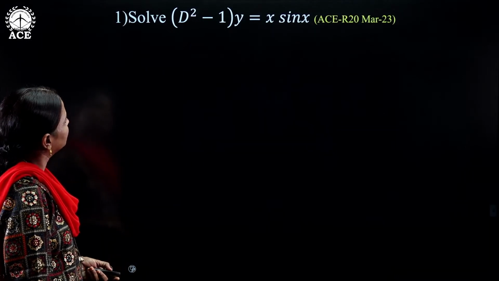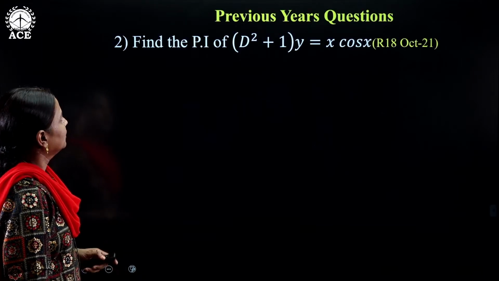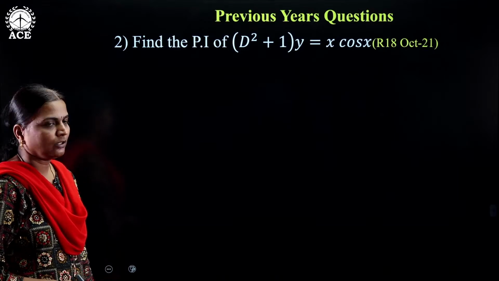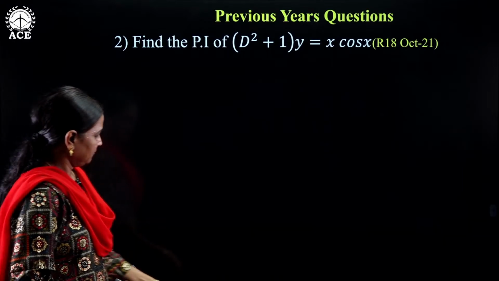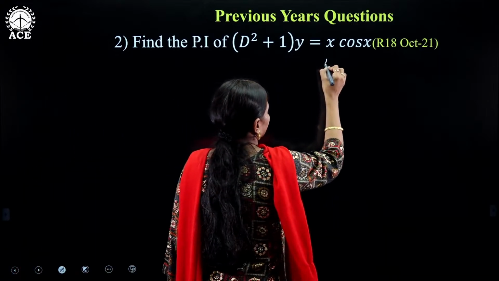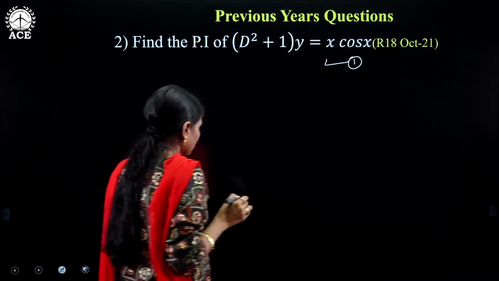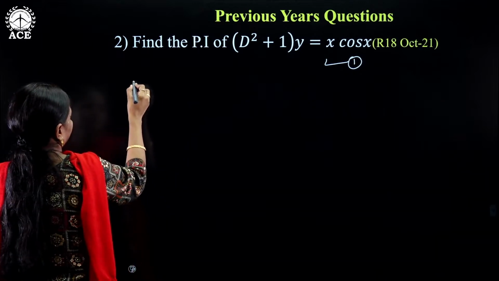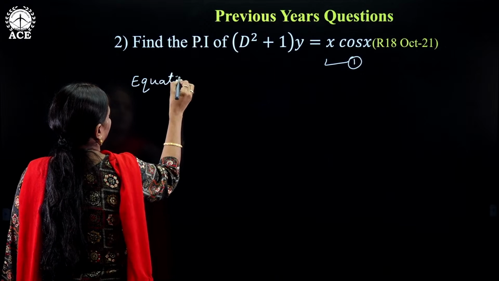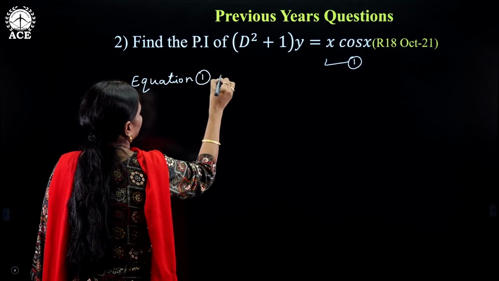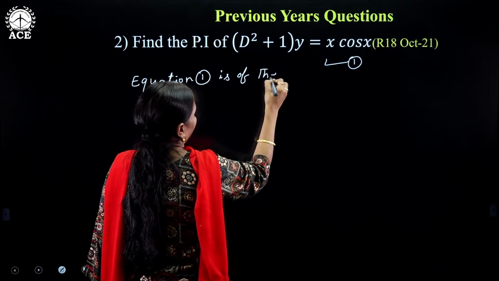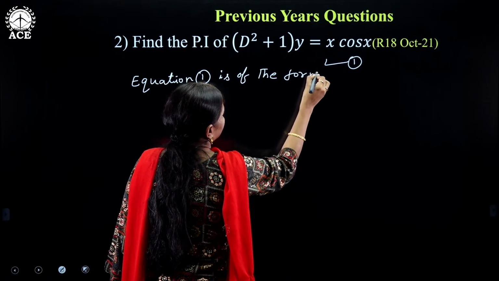Next question. Find the particular integral of D square plus 1 into y equal to x cos x. Yes, if we consider this as equation 1, it is of the form, what is the standard form?